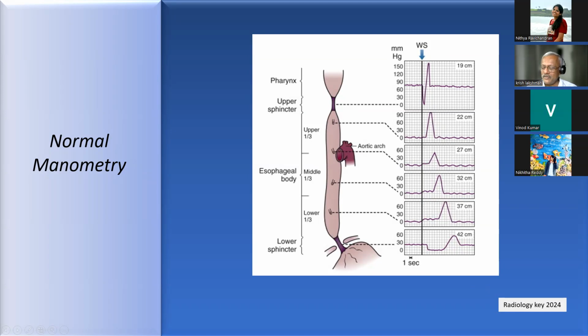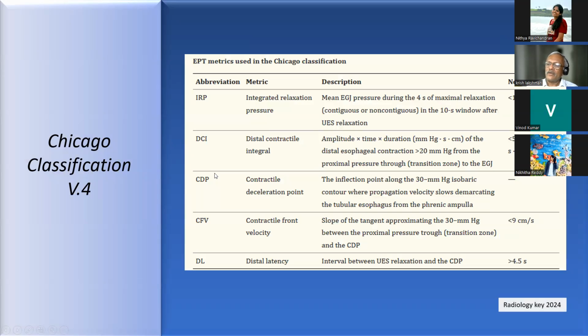So there's a peristaltic wave. There is a synchronized relaxation of LES. When there is a problem in either of these, either peristalsis or relaxation of LES, or both may be involved, then you have these different motility disorders. That's all there is to it.